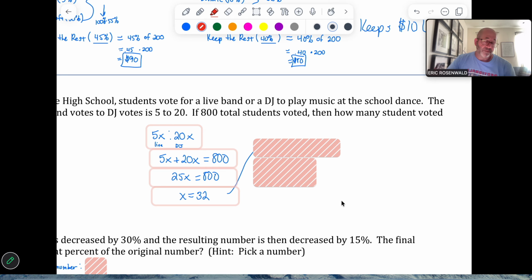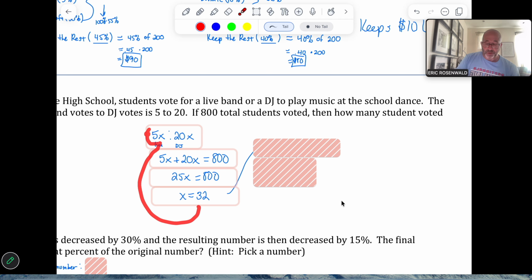Now, what does this mean? That 32 is the multiplier. That means that's the multiplier we use to get to that larger value. So when I say 32 is my x, what I'm doing is taking that 5 and multiplying it by 32 to get how many live people there were. And then we're going to take that 32 and multiply it by 20, and that's going to give us how many wanted the DJ.